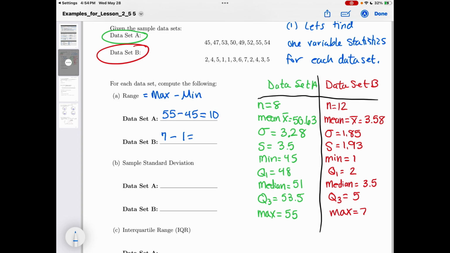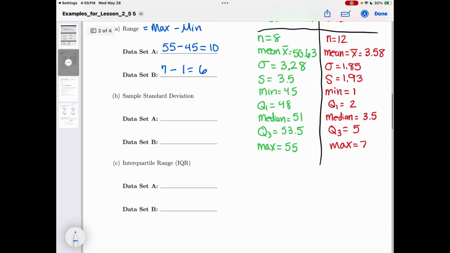For data set B, the maximum is 7. The minimum is 1. So the range of the entire data set B is going to be 6. So that tells us how spread out the data values are from the min to the max.